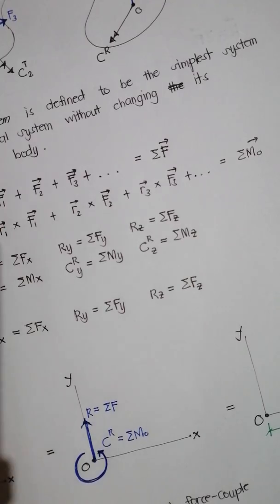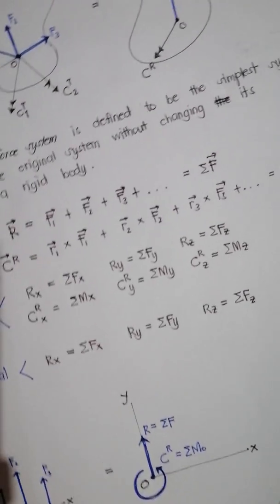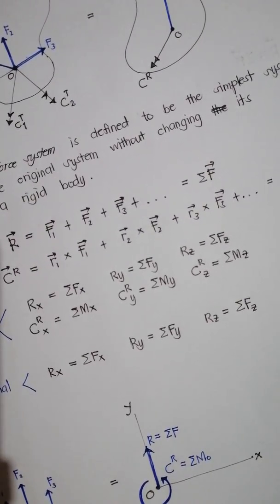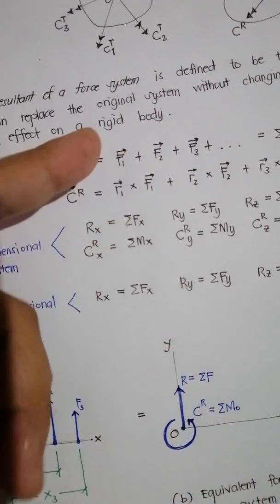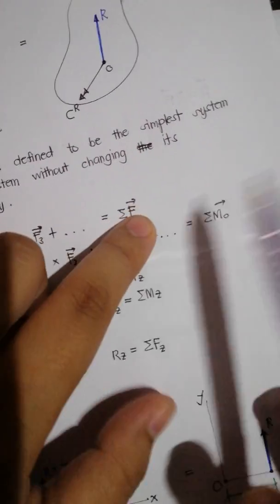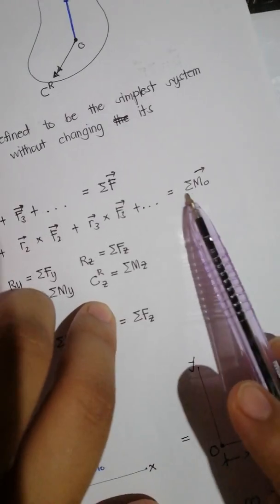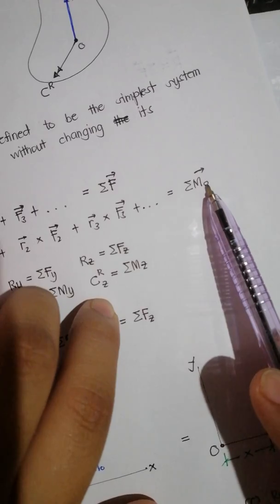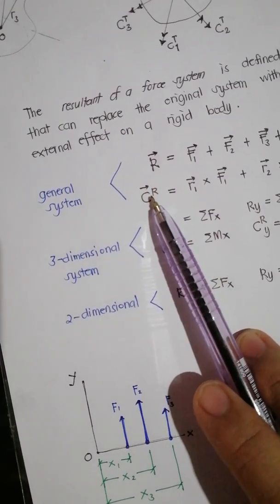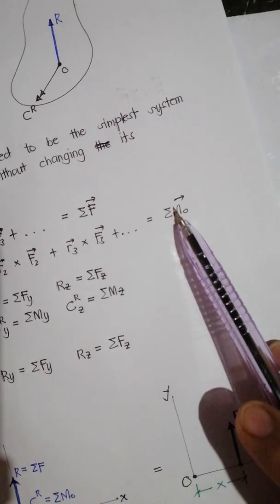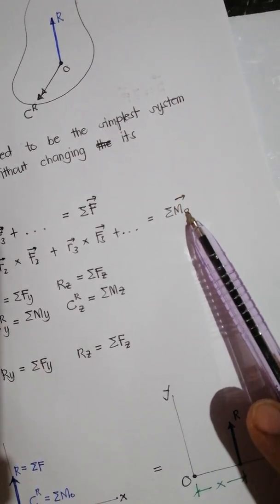And if there are other couple vectors existing originally on that system, we also add them to the couples of transfer. So it's actually a summation of all moments about point O, since we transfer everything to the origin. So basically the resultant couple is just a summation of moments about the origin.